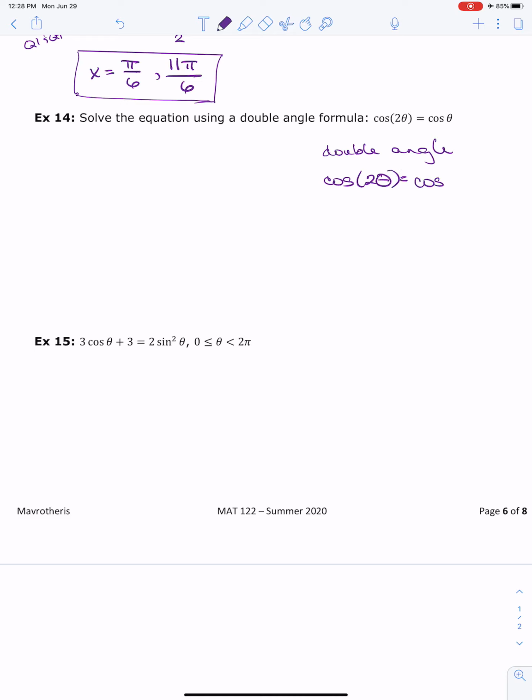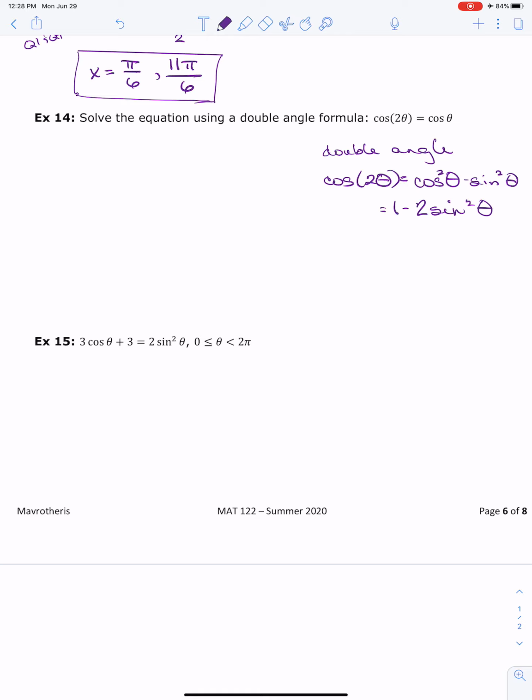So I could use cosine squared theta minus sine squared theta. If I use that to replace the left-hand side, now I'm introducing a sine squared theta. I don't think I want to do that. I also could use 1 minus 2 sine squared theta. That does not seem to be any more useful than that first version.